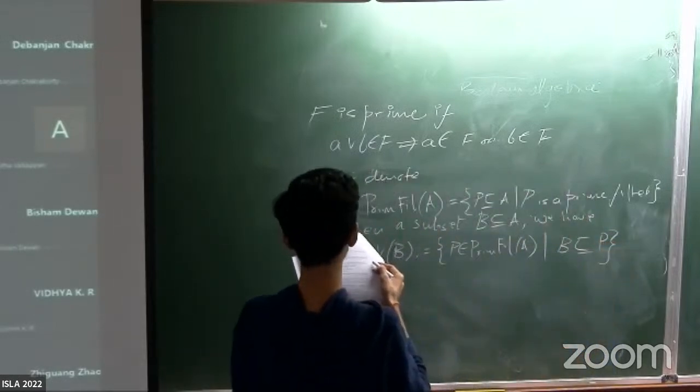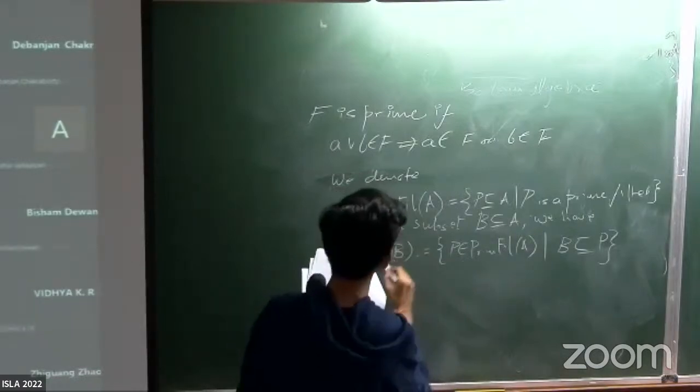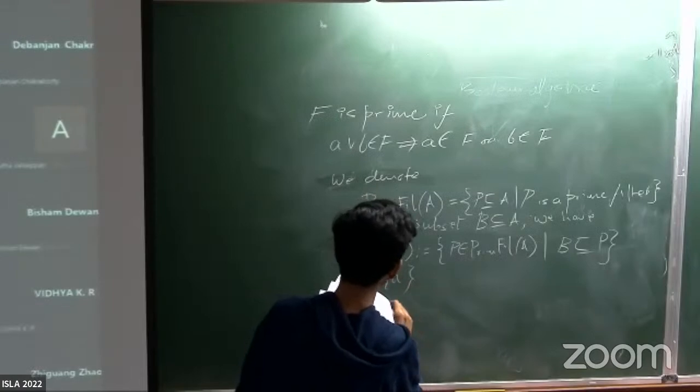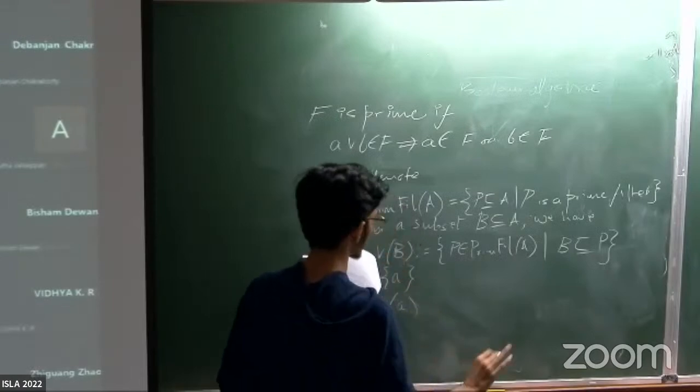Finally, in case B is a singleton, we will drop the braces and just call it V of A instead. We'll just keep that in mind.